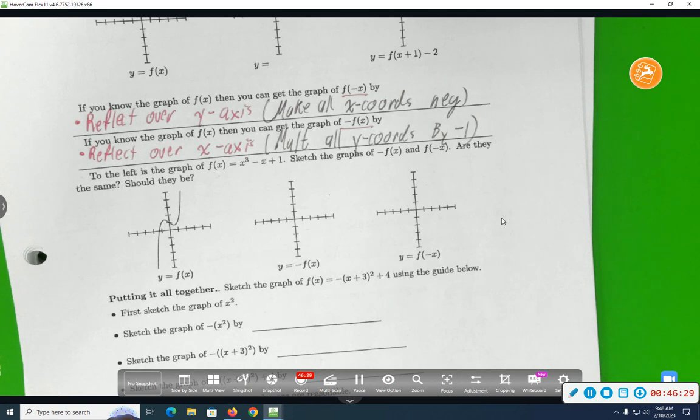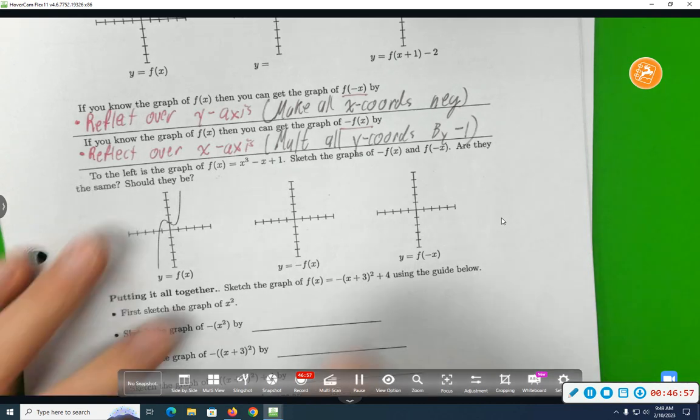So here's the graph of some function. It happens to be a degree 3 polynomial, but that doesn't matter so much. If that's the graph of y equals f of x, how would you get the graph of y equals negative f of x? The answer is right above: you reflect over the x-axis.